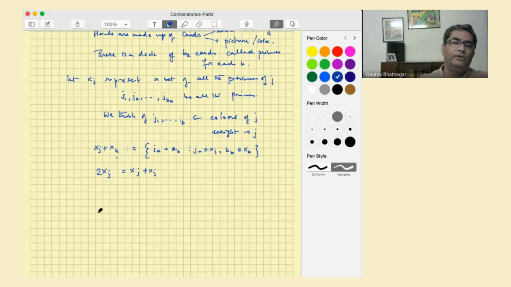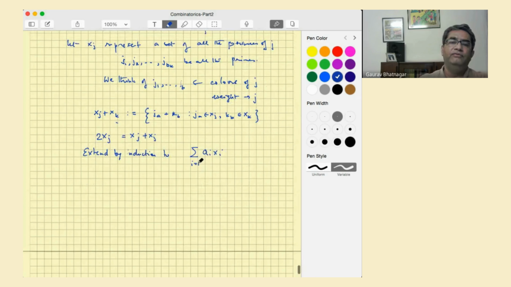Okay. So extend this by induction to this set which we were looking at, i going from 1 to n.